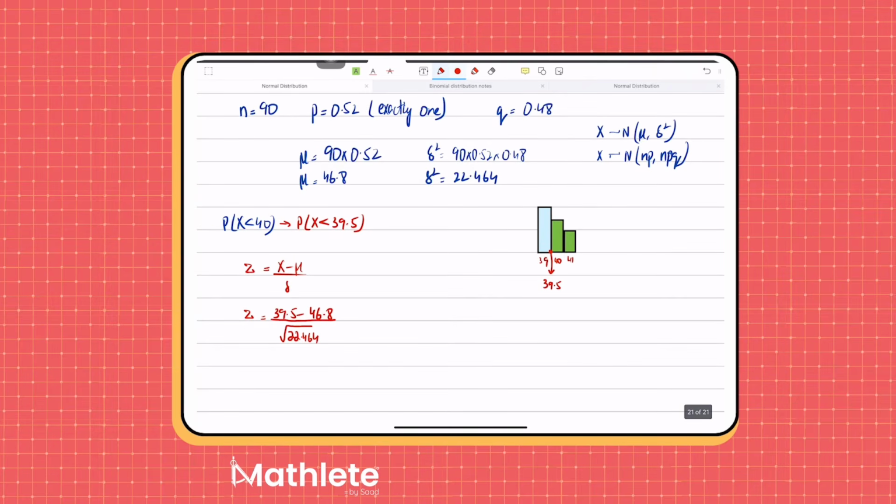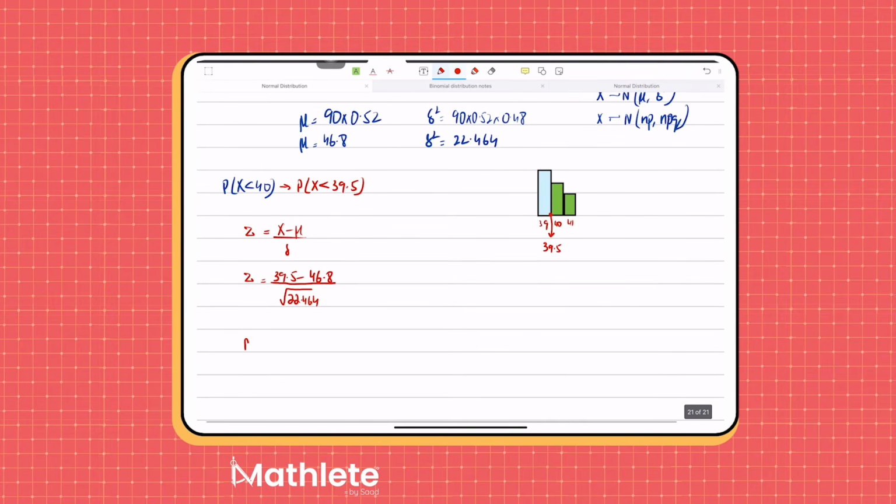Let's see what we get. So the probability of x being less than 39.5 is equal to phi of 39.5 minus 46.8 over square root of 22.464, which is minus 1.540.